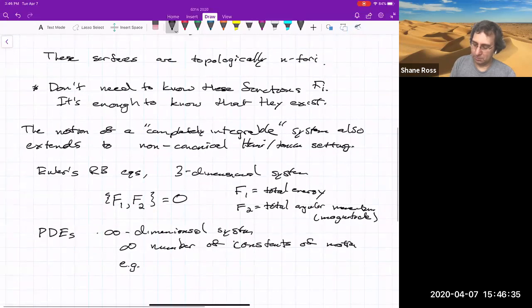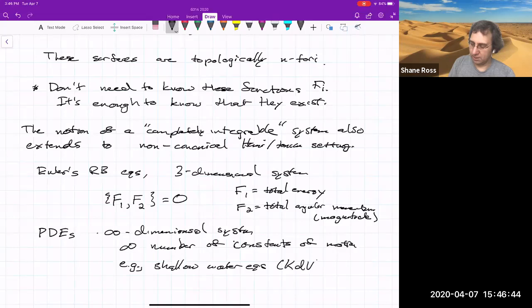So an example that we'll probably talk about is a version of the shallow water equations called the Korteweg-de Vries or KdV equations. It's a PDE in one dimension that describes things like motion of water in a canal. And this is where solitons were first seen.